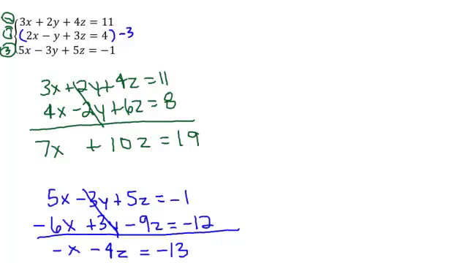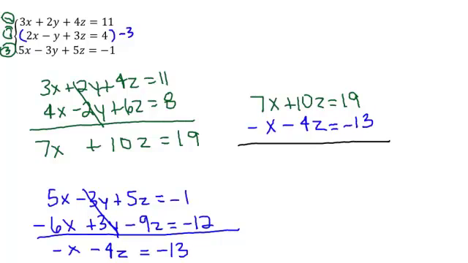So now we're going to take our first equation, 7x plus 10z equals 19, and our second equation, negative x minus 4z equals negative 13, and we're going to use elimination to solve for one of our variables. So here notice that we have a 7x and a negative x, so if we multiply our second equation by 7, then our x's will be eliminated.